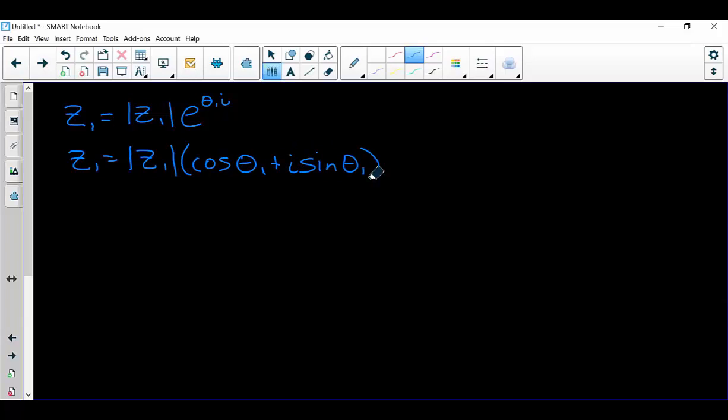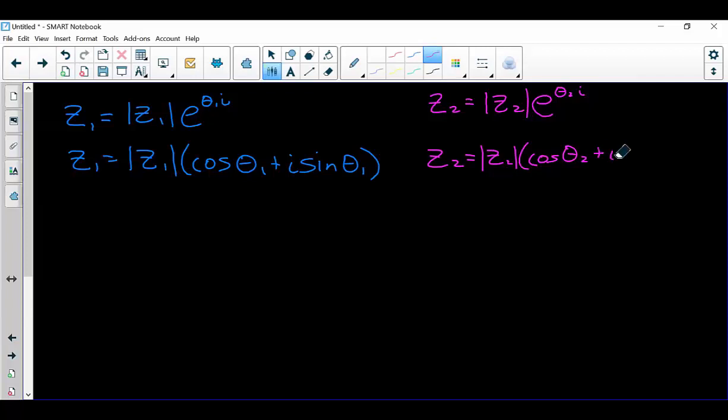Now we've also got Z2, which is equal to the norm of Z2 times cosine theta 2 plus i sine theta 2.